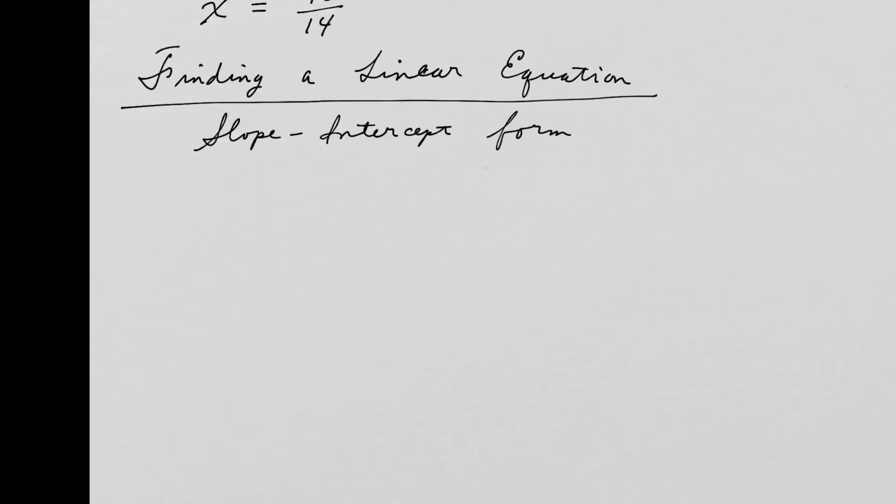I'm sure you guys have heard of this. The linear equation, if it's in this form, has the following equation: y is equal to mx plus b, where m is the slope.